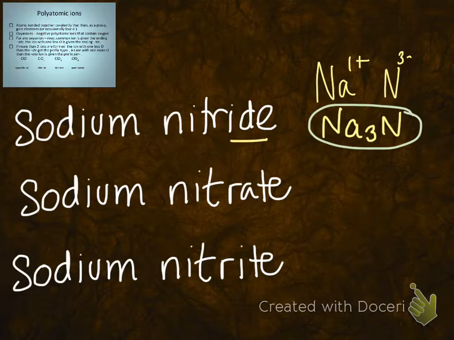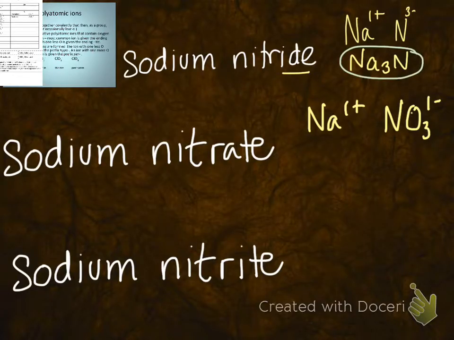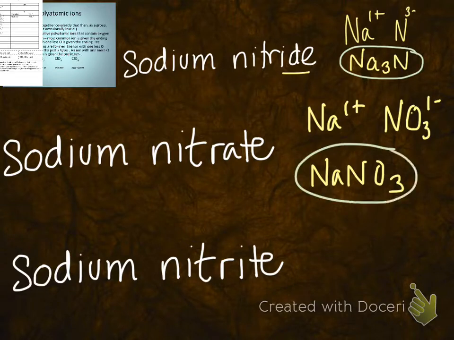Well, what about sodium nitrate? We would have to go to our reference sheet to discover that nitrate is NO3 1-. So sodium nitrate is NaNO3. Different compound, different characteristics, definitely not the same as sodium nitride.